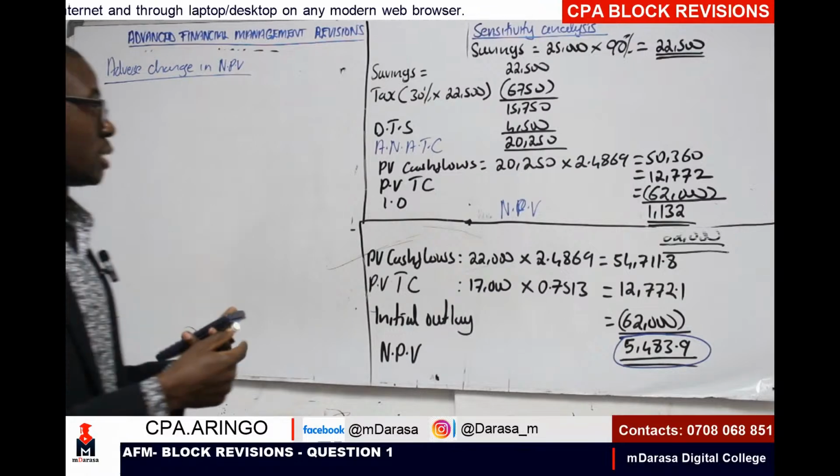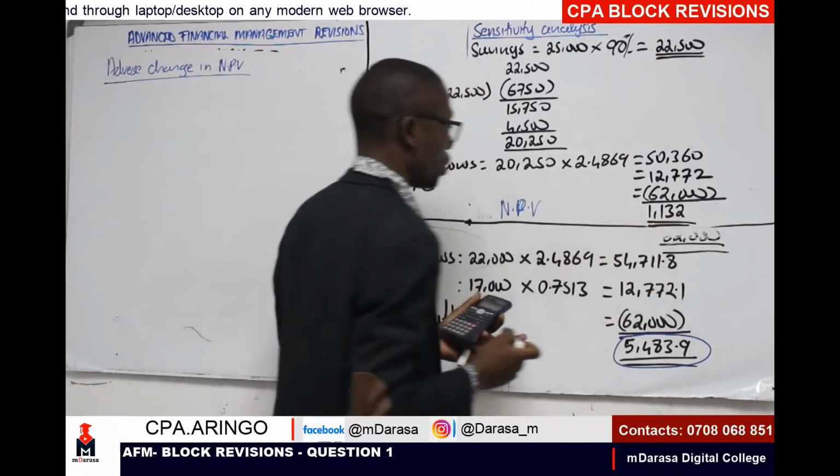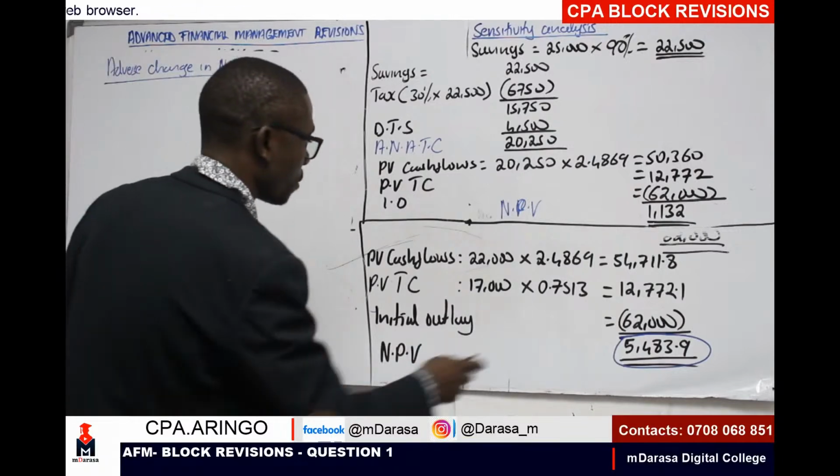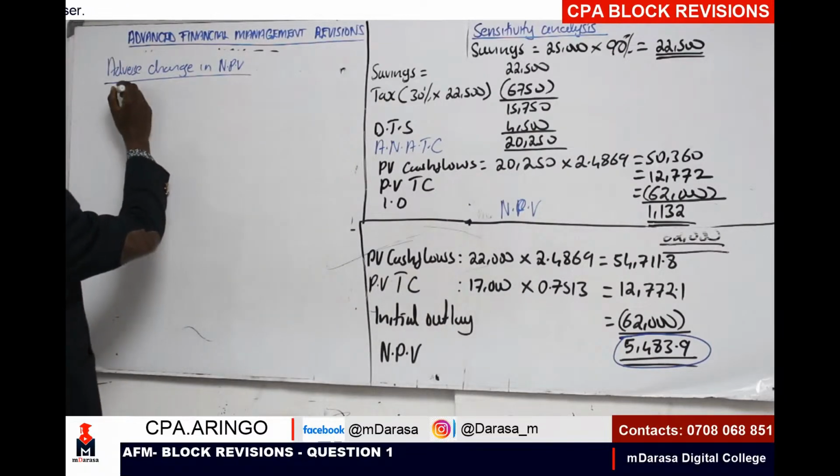So basically, for the adverse change, we should be talking of our original NPV.